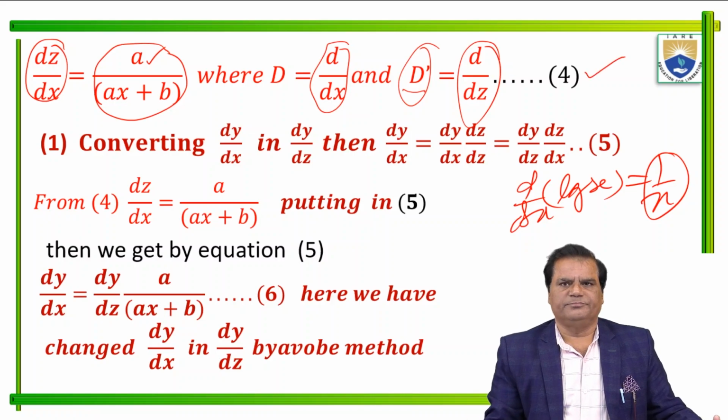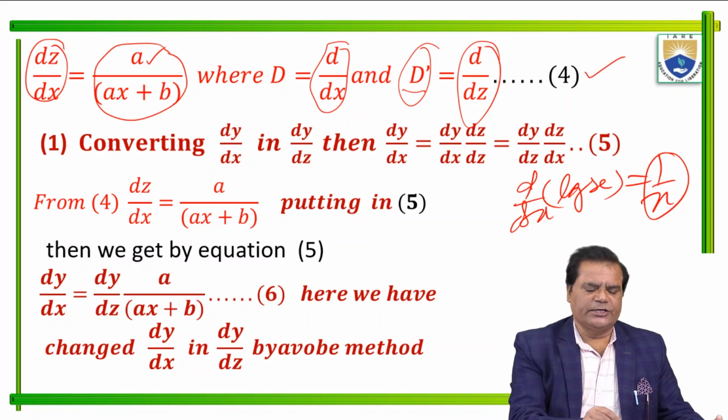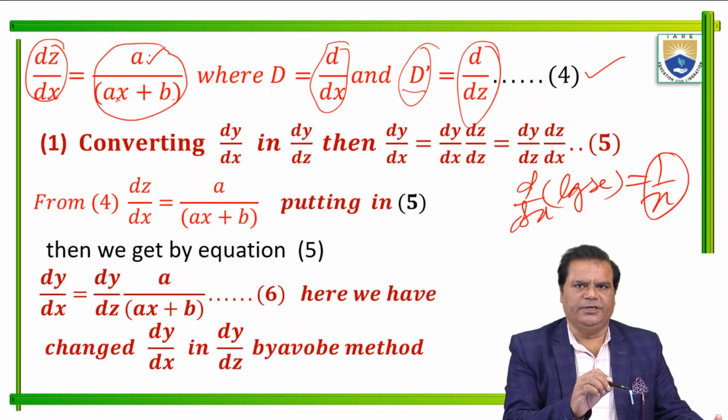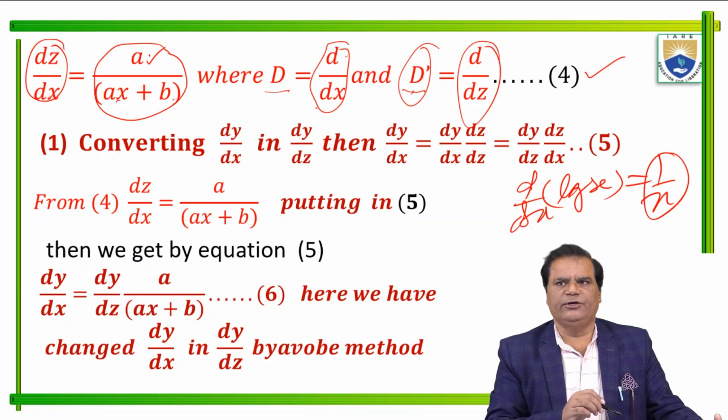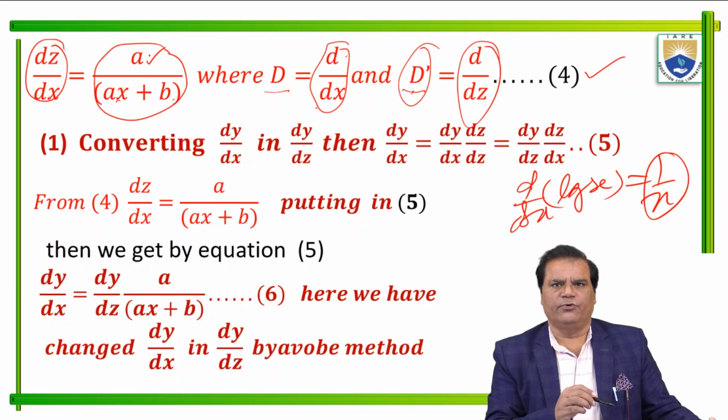This is equation 4: dz over dx equal to a upon ax plus b. Capital D is known as d over dx, and capital D dash is known as d over dz.